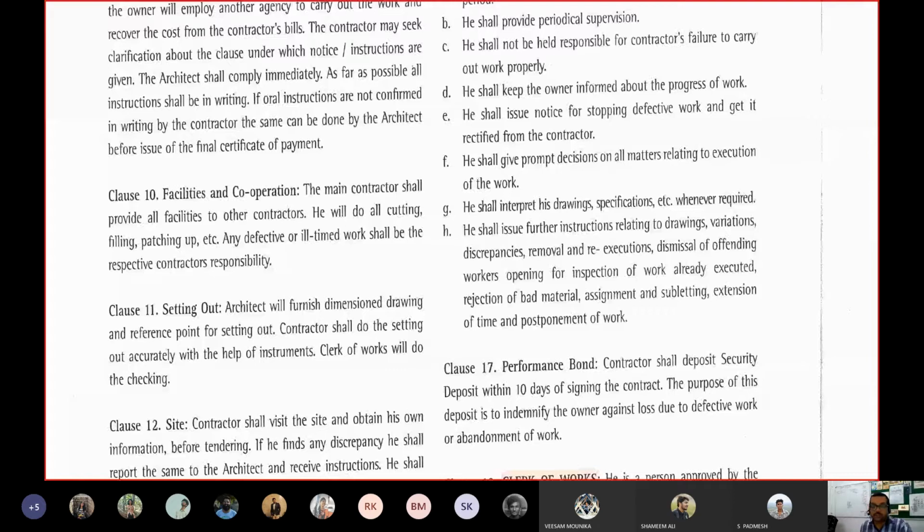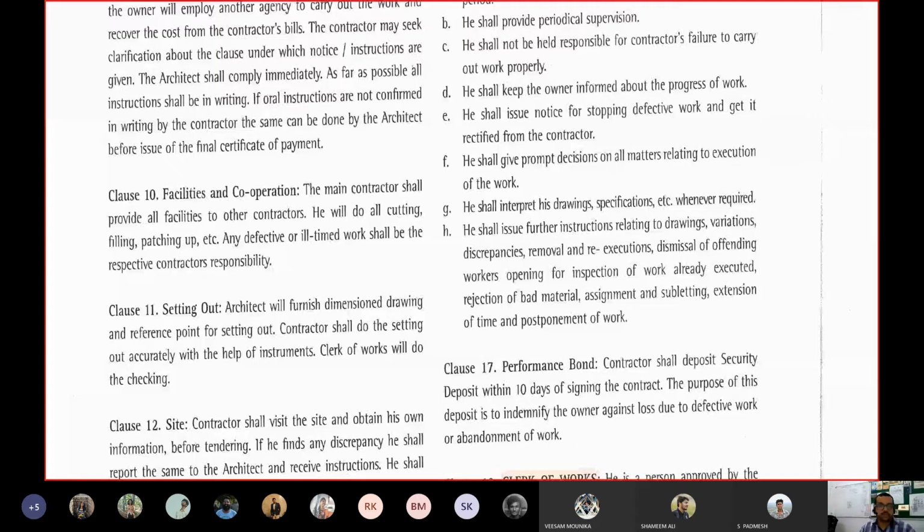Okay. Now for this performance bond, what we can also do is, let me see if I have it here. See, I have given you this particular handout, another.